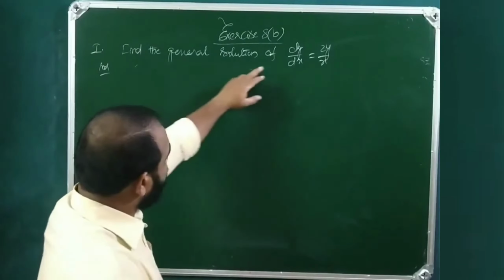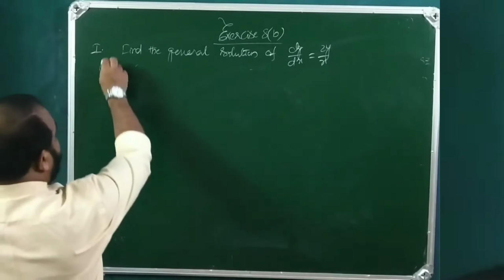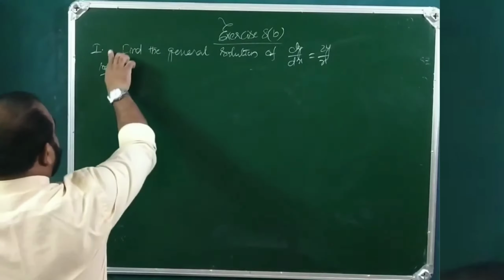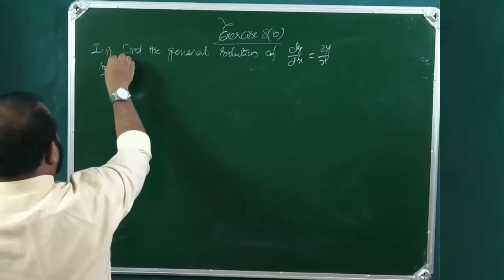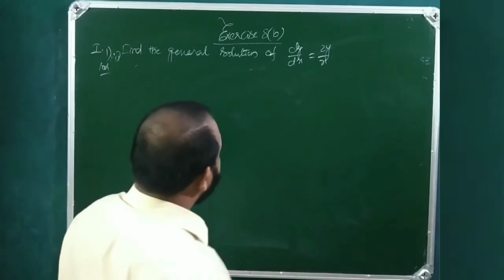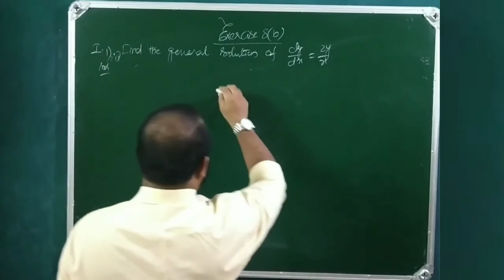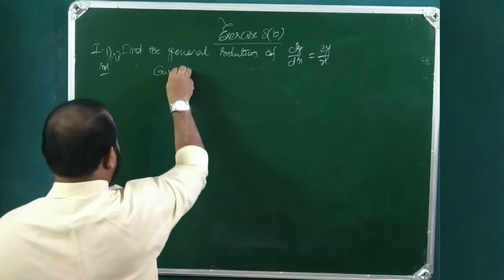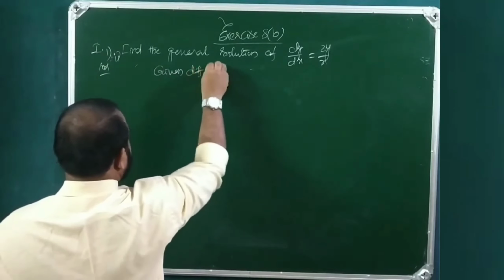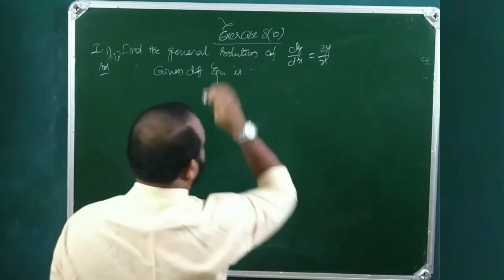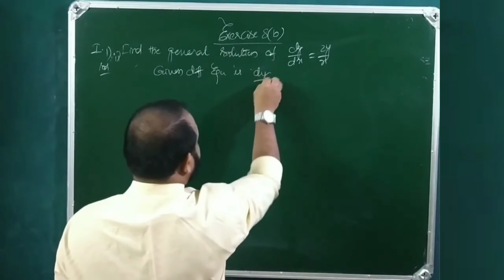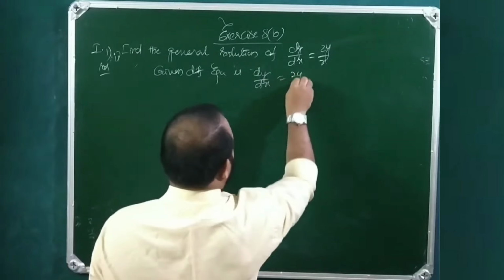Find the general solution of dy by dx is equal to 2y by x. Here the given differential equation is dy by dx is equal to 2y by x.